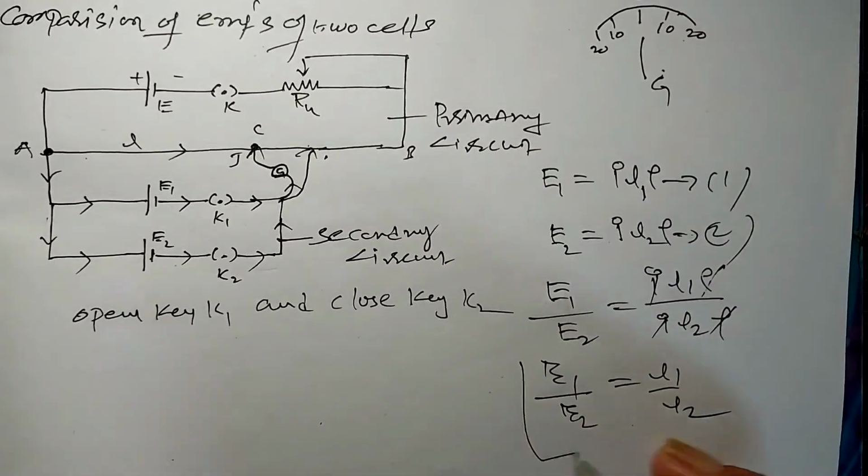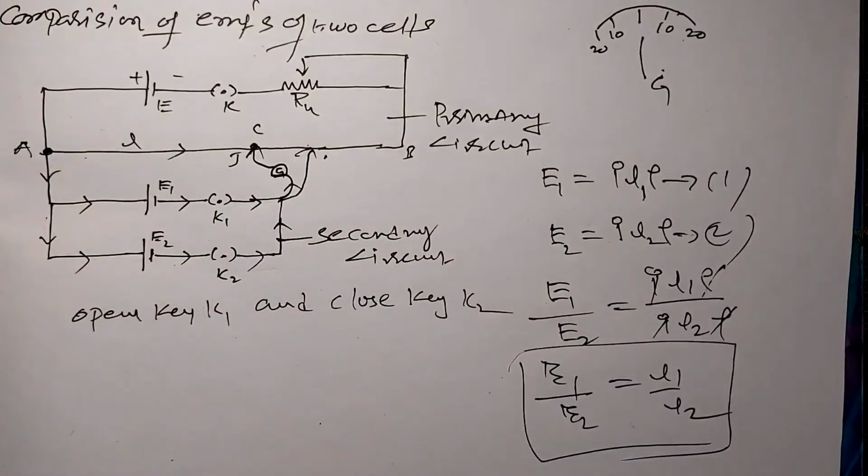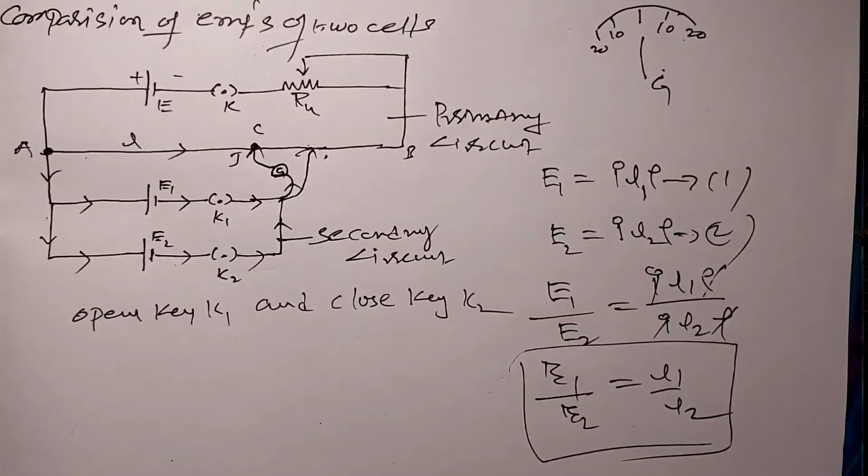So by knowing the values of L1 and L2, we can easily compare the EMF of the two given cells. So this is the process of the comparison of EMF of the two given cells using the potentiometer instrument.